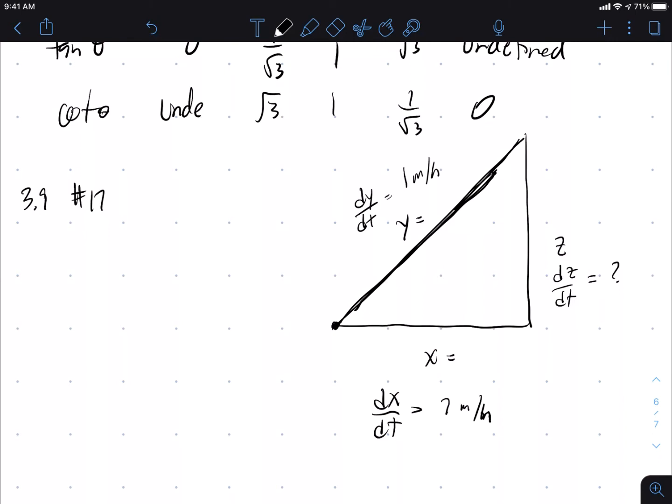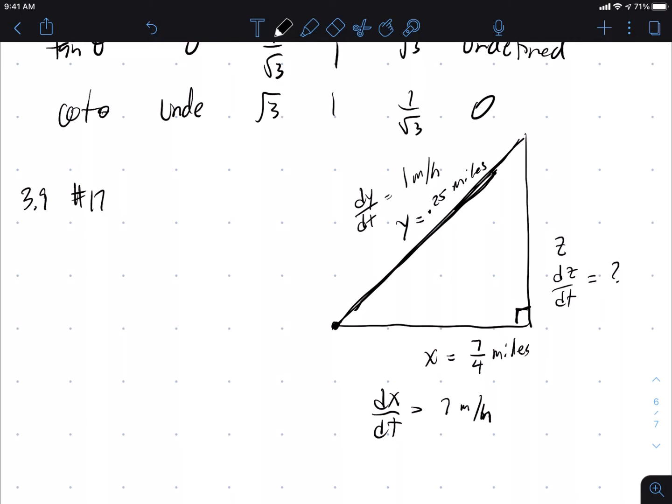That's important. So we know that this is going to be 0.25 miles. And this one's going to be 7/4 miles. Agreed?